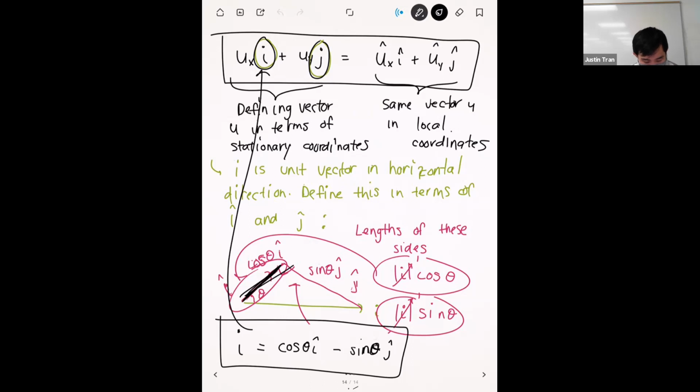Let's do the same thing, but for the j vector. Actually, let me draw it over here. The j vector goes vertically up. Once again, we're going to break this down into a vector that goes in the I hat direction.